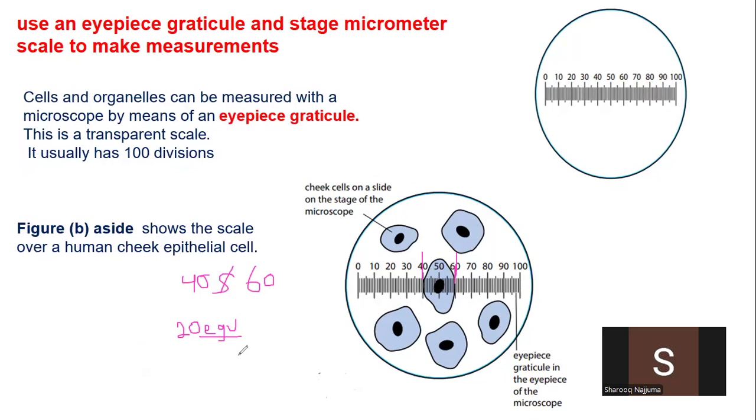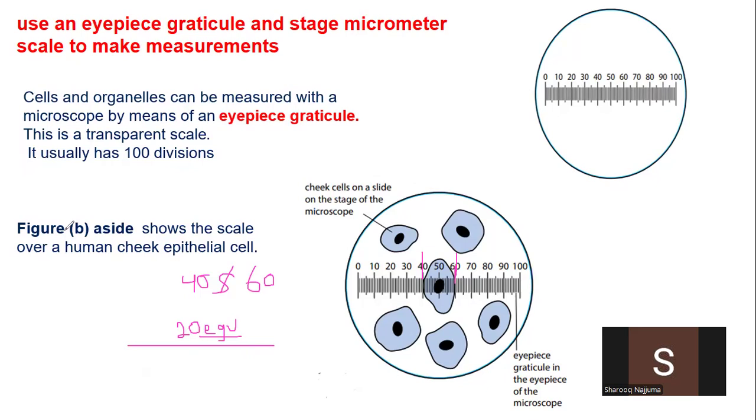So how do we get to know the size of the cell? The measurement we have made, we have just counted units. They are just units. But remember, cells are measured in either millimeters or micrometers, and here I just have eyepiece graticule units. So our next step is to calibrate the eyepiece graticule.